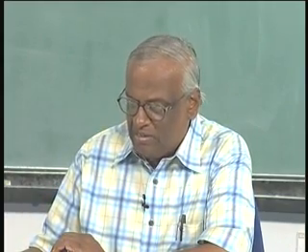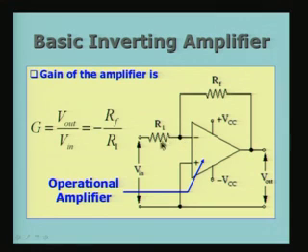So, an amplifier is basically an instrument to which I input the input signal. This is the signal V in, and it will amplify the signal to a value V out, and the gain is shown here as G equal to V out by V in, it is simply determined by the values of these resistors RF and R1.